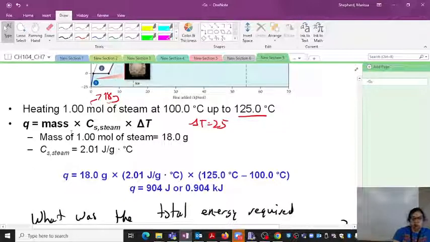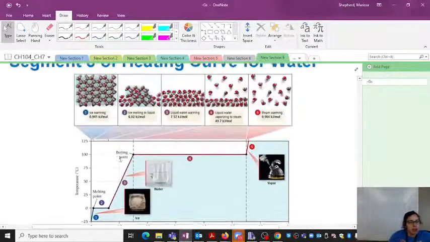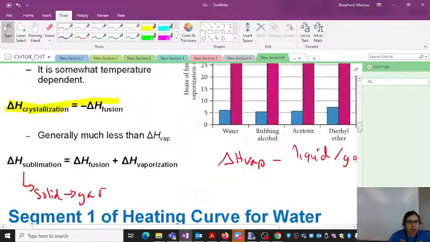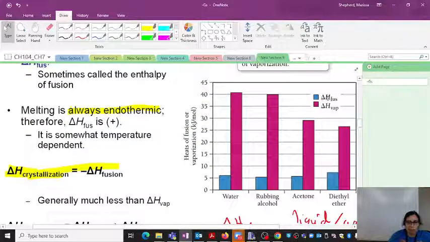So just a recap: this is always the formula that you're going to use to figure out how much energy it takes for the temperature change, which is mass times whatever specific heat of your substance times your change in temperature. And then anything else, when you're doing the state changes, that's where you want to go back and reference either your fusion for solid to liquid or liquid to solid, and then vaporization for liquid to gas or gas to liquid.